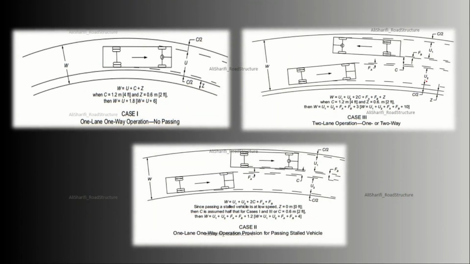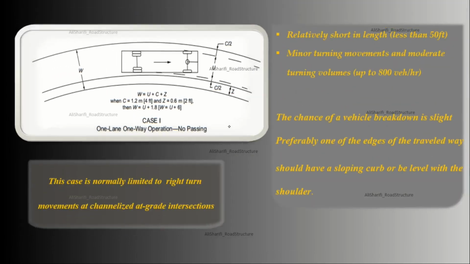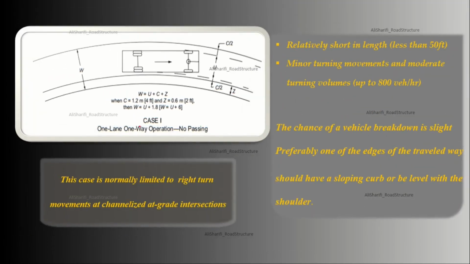Once you are going to design a turning roadway, you have three cases to consider based on the length and also turning traffic volume. Case 1 is a one-lane, one-way operation.